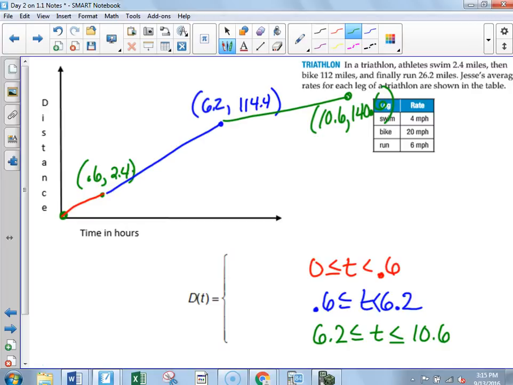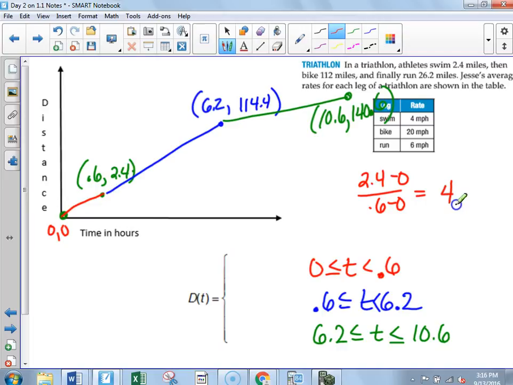Okay? I don't care. Now, the equations of each of these pieces is what? It's a line, right? All right, I'm going to go kind of quick because I know you're losing it here. Everybody awake? This piece goes from (0, 0) to (0.6, 2.4), yes? So the slope of that is 2.4 minus 0 over 0.6 minus 0, which is 4.